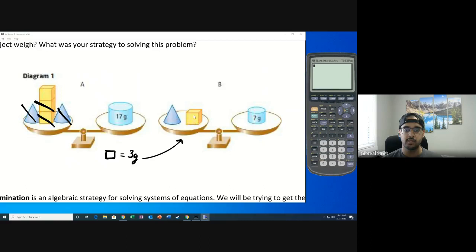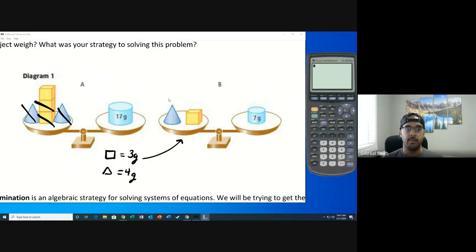If that cube is 3, I know I need to have 7 in total. Logically, that means the cone has to be the remaining 4 grams. By doing very little calculation and setting up no equations, we essentially solved the system of equations.